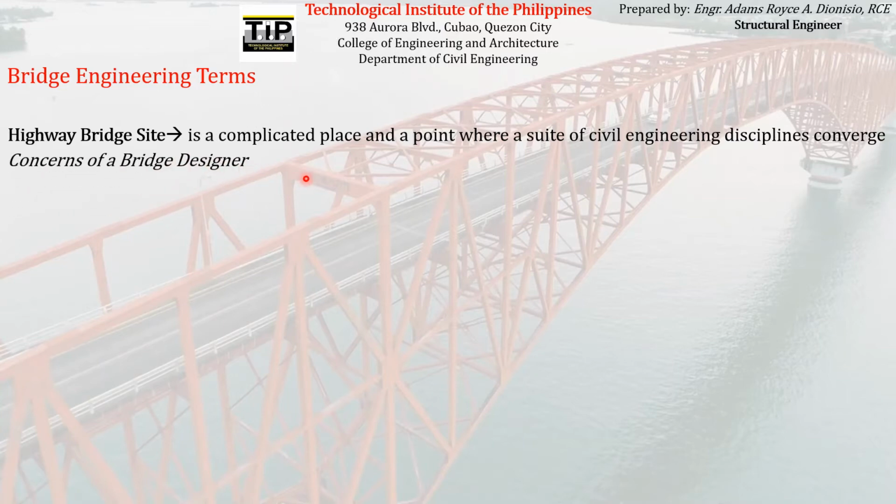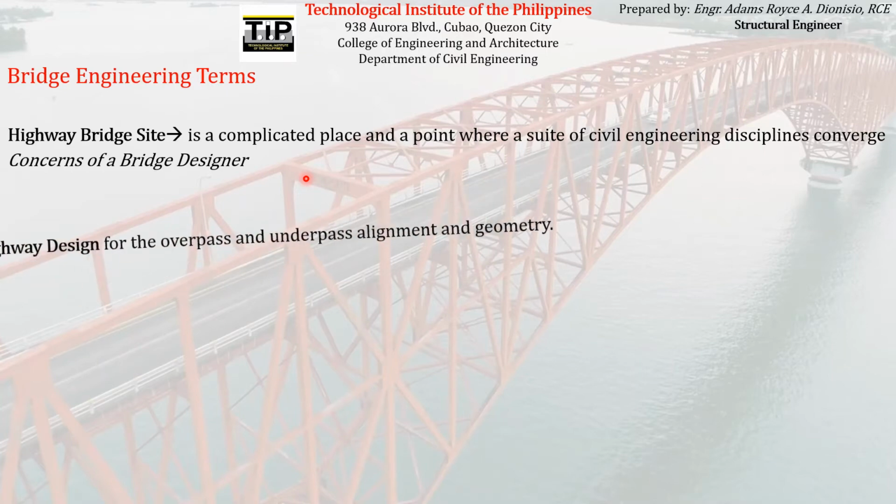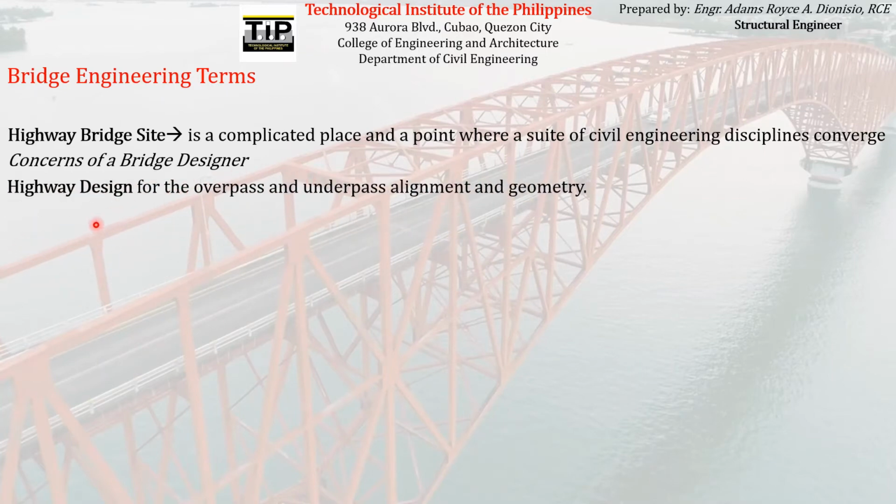Other terms that we will encounter are the concerns of a bridge designer. When a bridge designer designs a bridge, he or she is concerned with the highway design for the overpass and underpass alignment and geometry.